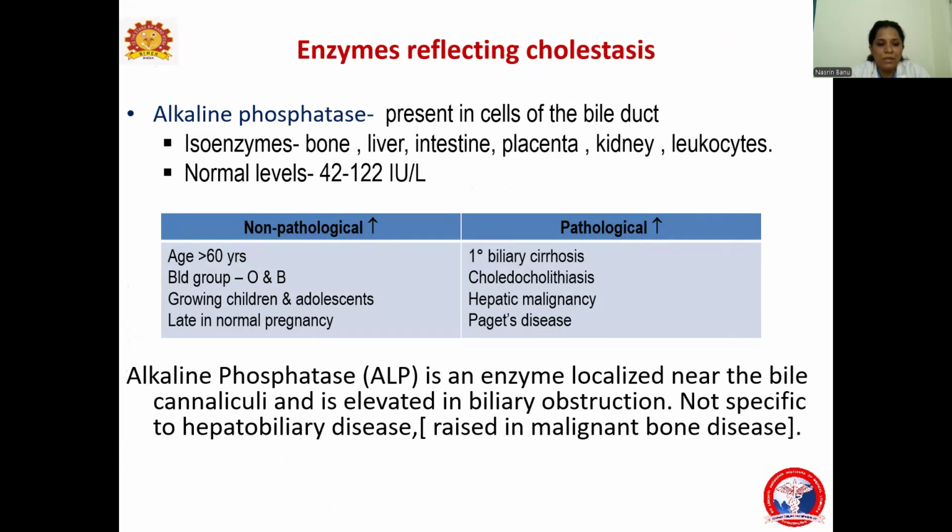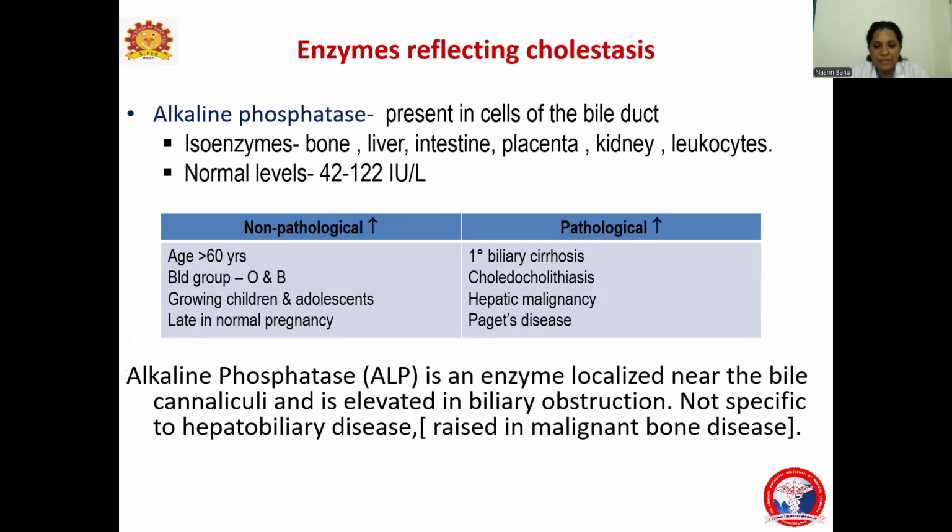Non-pathological increase is seen in age more than 60 years, blood group O and B, growing children, and adolescents, and late in normal pregnancy. Whereas pathological increase is seen in primary biliary cirrhosis, choledocholithiasis, hepatic malignancy, and Paget's disease.